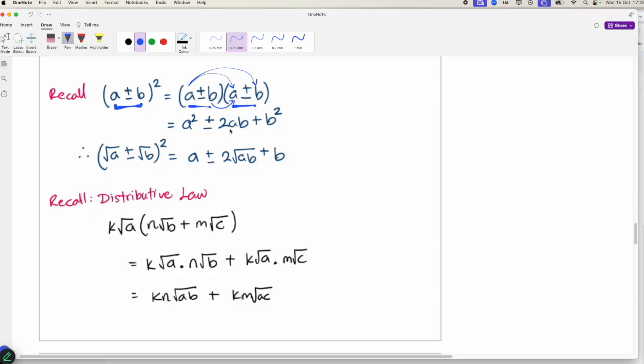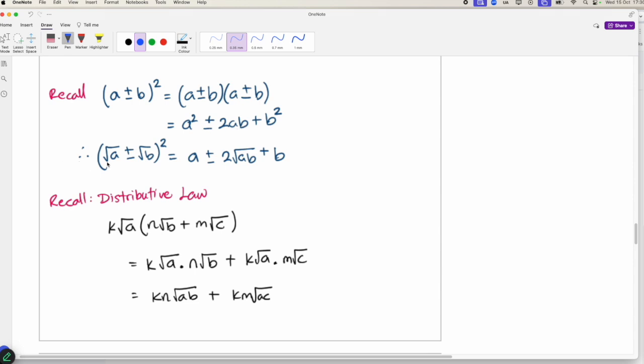B times a will give me ab. That's how I end up with 2ab in the middle. And then b times b will give me plus b squared. Even if both of them are minus, you'll end up with a plus. When you multiply this out, that is essentially the form that you get. You should be familiar with it from quadratics.